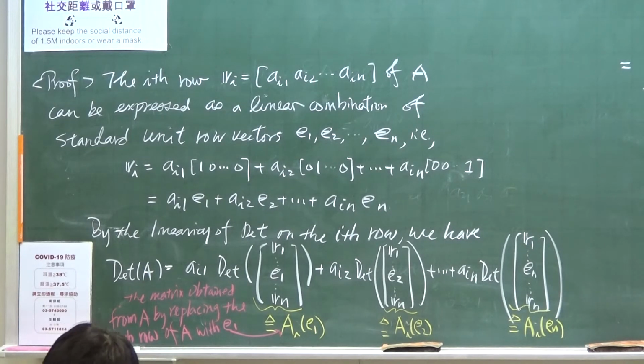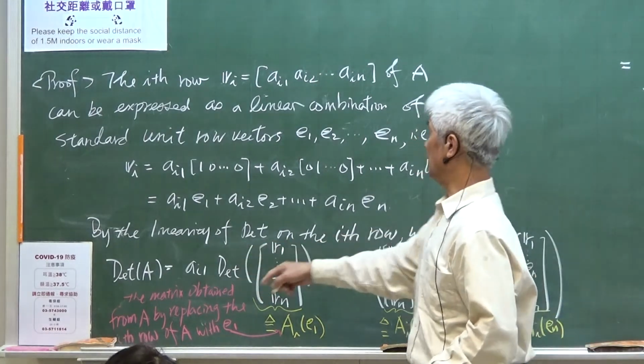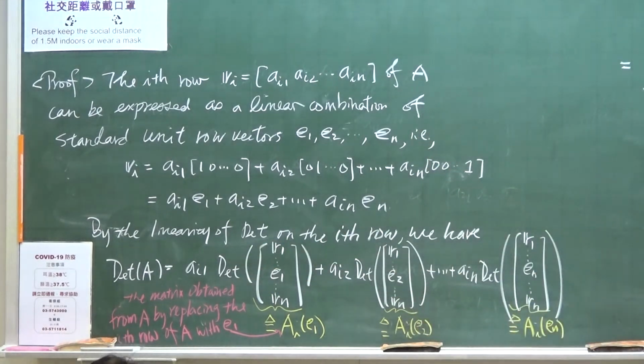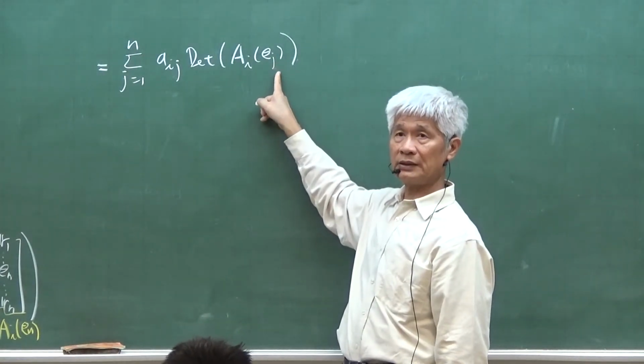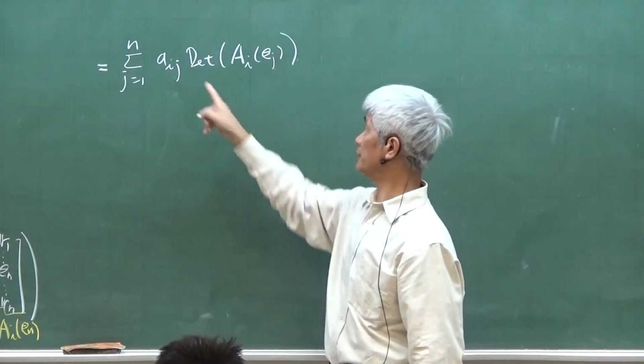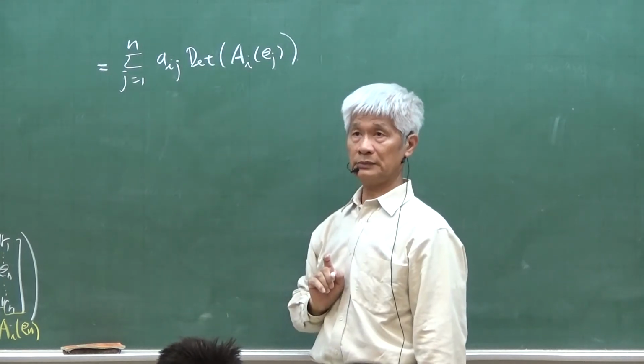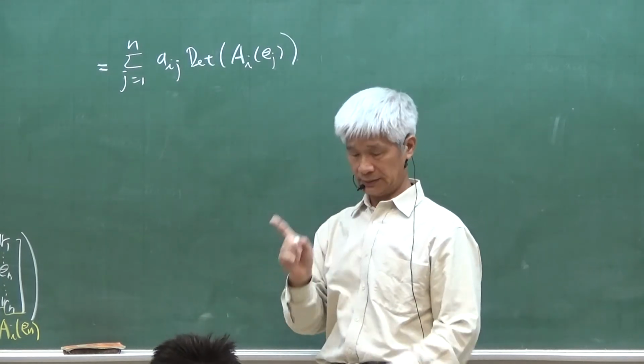Is that okay for now? So the determinant of A becomes a linear combination of determinants of matrices obtained from the original matrix A by replacing the ith row of A with different standard unit row vectors e_j, for j from 1 to n. Is the notation okay?